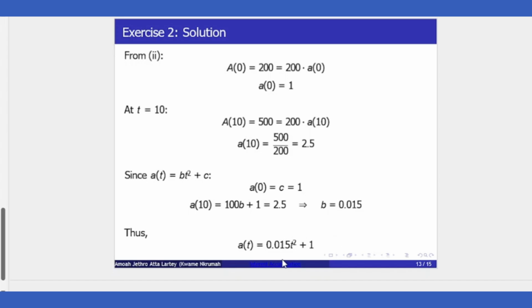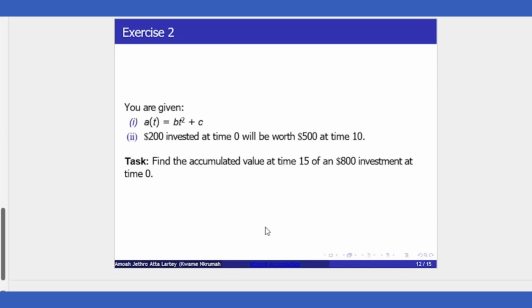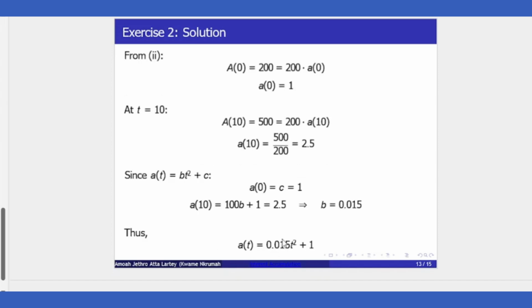The task was to find the accumulated value at time 15 of an 800 investment at time 0. So this is our initial investment. We multiply it by the accumulation function at time 15, so that we get the accumulated value at time 15. That's what we did here. To find the accumulation function at time 15, you just substitute 15 into the accumulation function, which is this.